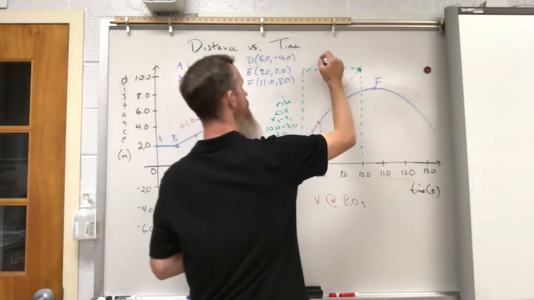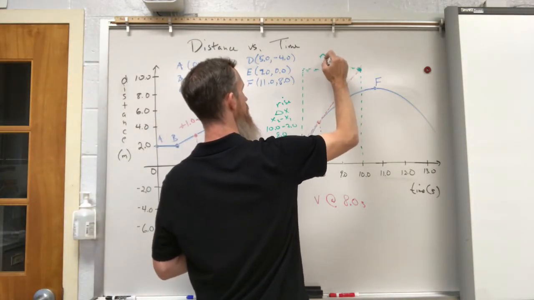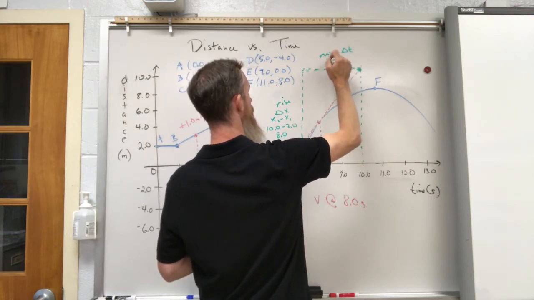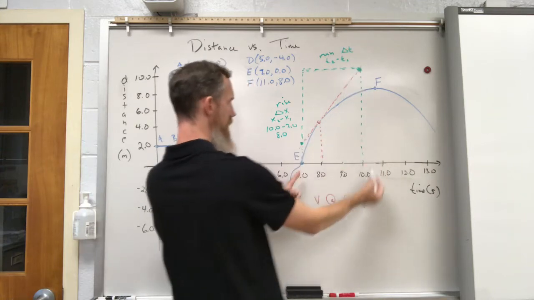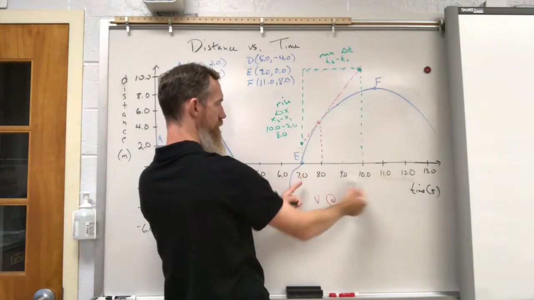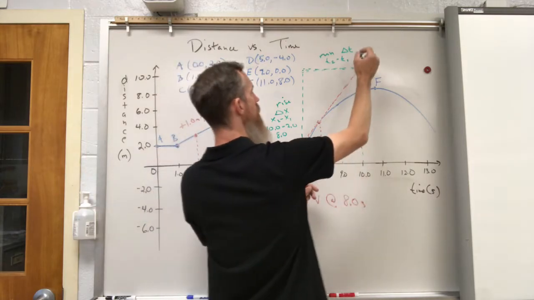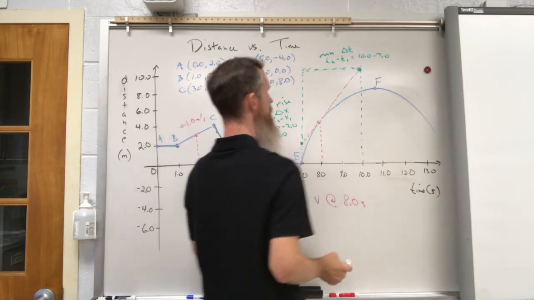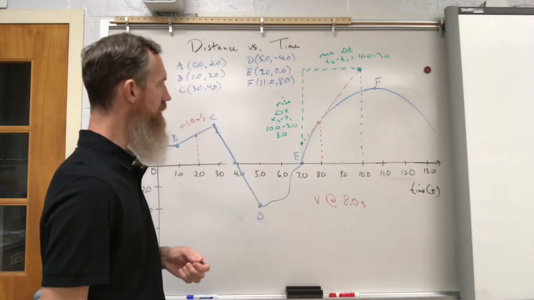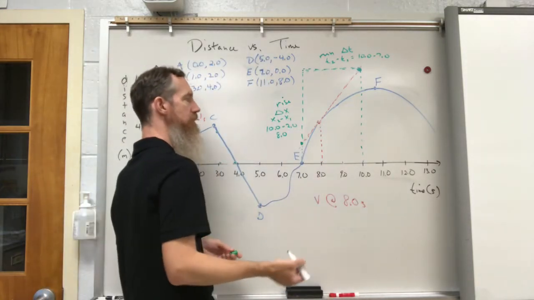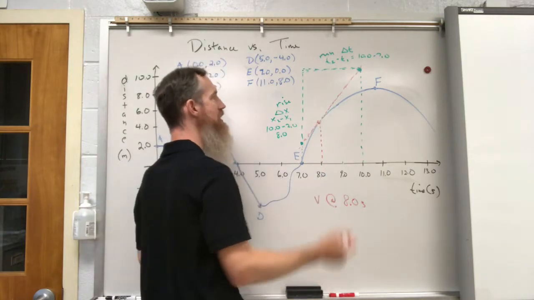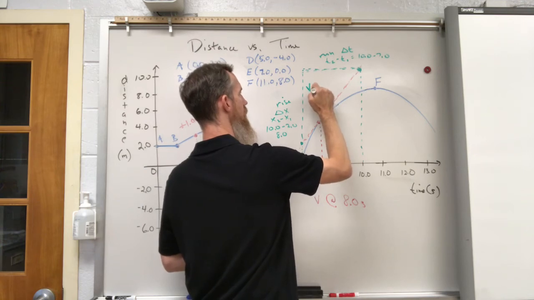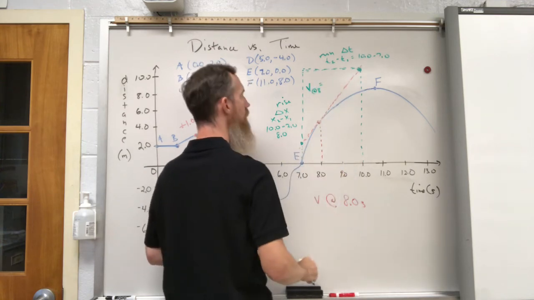Now the run, which would be my delta t, and that will be t2 minus t1. And if I look at those two times, down here I go from 7 to 10. And so if I do that rise over run, that'll be my instantaneous velocity, velocity at 8 seconds. Okay?